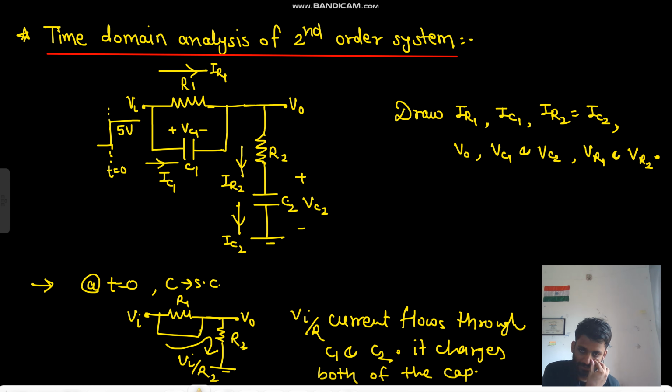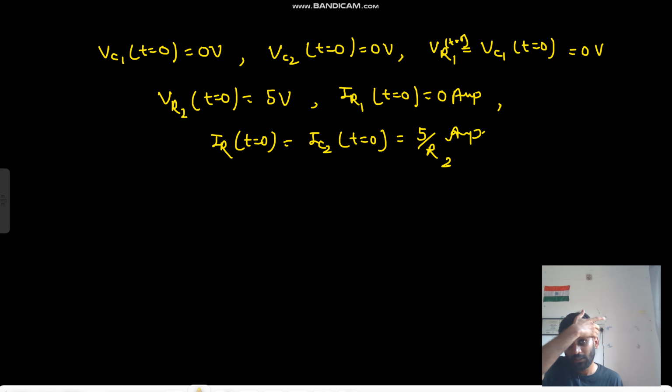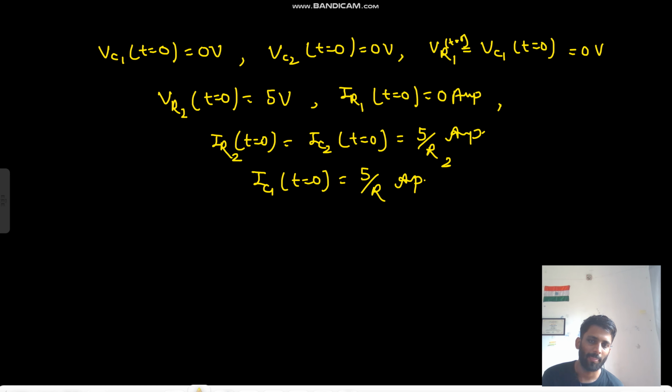This 5 by R2 current is flowing through this capacitor and R2 and C2. In R1, this is providing some resistance. So in R1 there will be 0 current, right? And IC1 at t equals to 0 is 5 by R2 ampere, right?